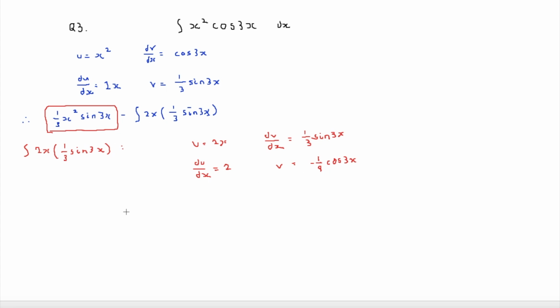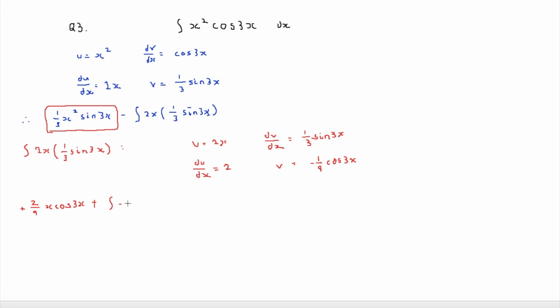But minusing that, we end up getting plus 2 ninths x cos 3x. So we have that, and then we're going to be adding.